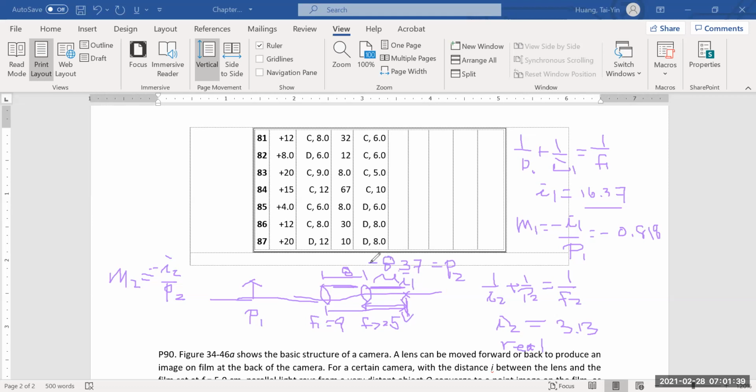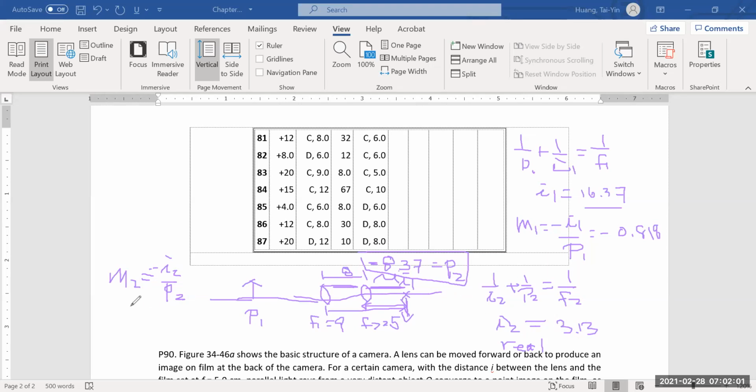So your P2 is actually negative. I forgot to say that. Your P2 is negative because it's behind the lens instead of in front of the lens. So when you plug in the negative 8.37, and your F2 is positive 5, you will calculate your I2, which is a positive 3.13.